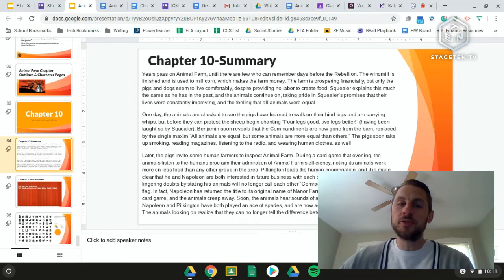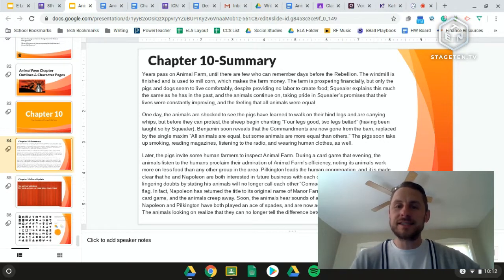The pigs soon take up smoking, reading magazines and newspapers, listening to the radio, and wearing human clothes as well. Later, the pigs invite some human farmers to inspect and tour Animal Farm. During a card game that evening, the animals listen to the humans proclaim their admiration of Animal Farm's efficiency, noting that its animals work more on less food than any other group in the area.